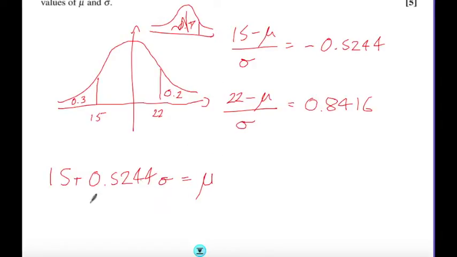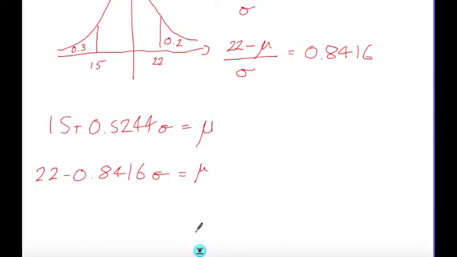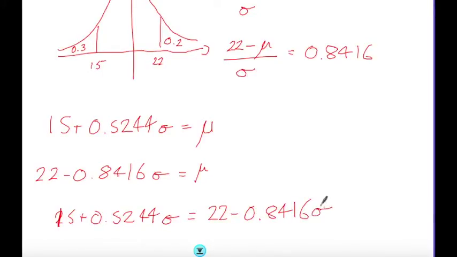And then for the other one, it's going to be 22 minus 0.8416 sigma will equal mu. And because they both equal mu, we can set them equal to each other. So we'll have 15 plus 0.5244 sigma equals 22 minus 0.8416 sigma.